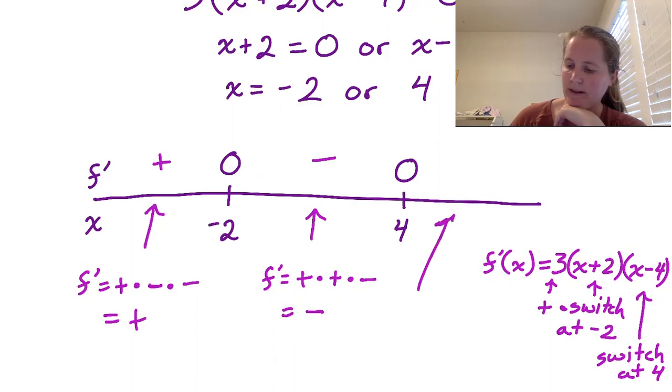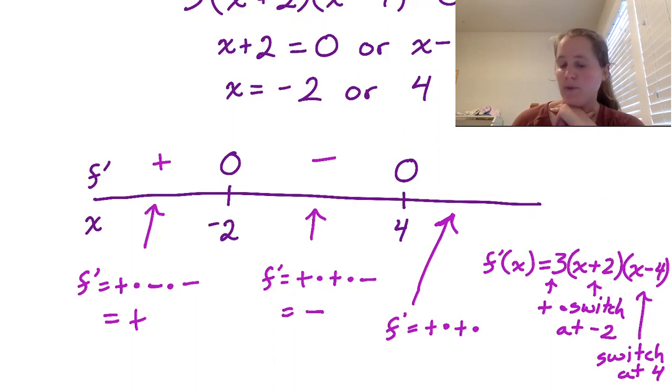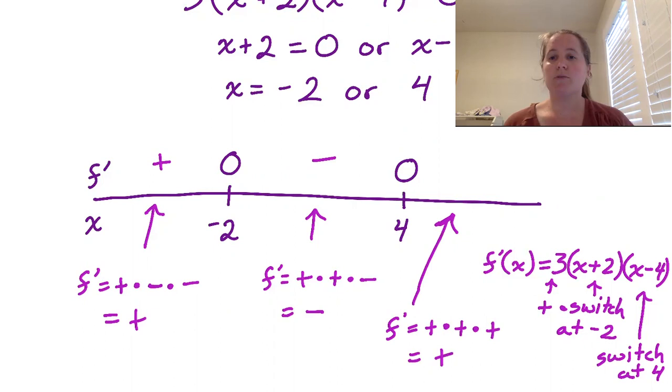And then for our last space, f prime, we're starting off with positive 3. Our x plus 2 is remaining positive, and now x minus 4 has switched to positive. Again, you could always just plug in a specific value, or you can just go by where each factor should switch signs and go from that.